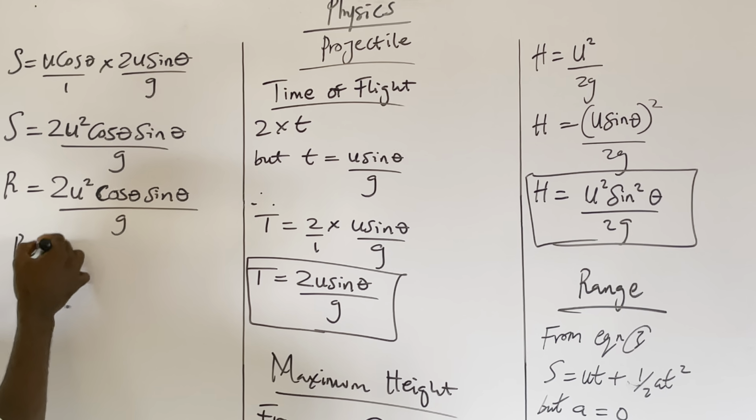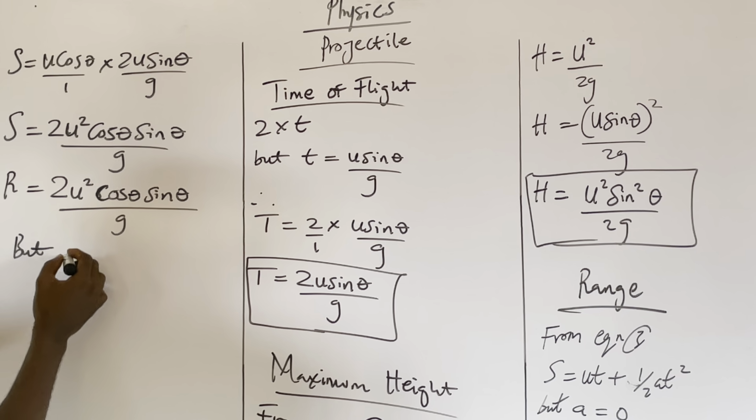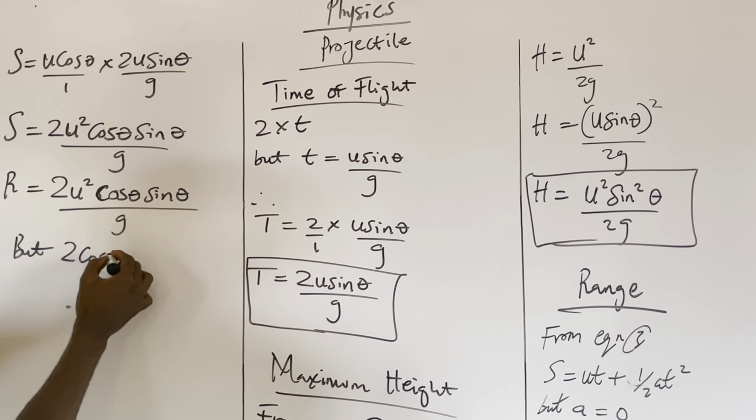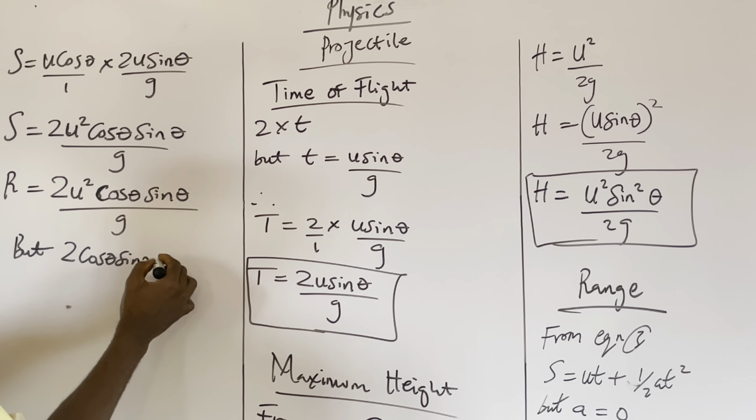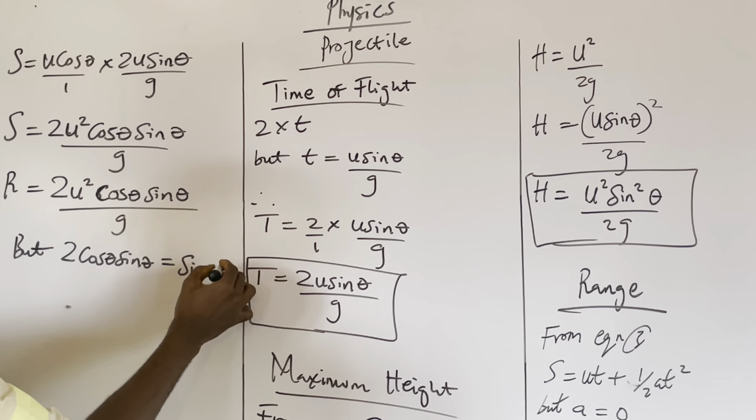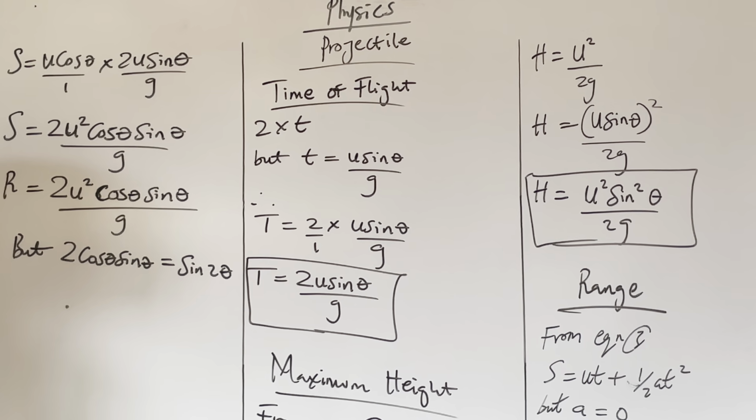But 2 cos theta sin theta is equal to sin 2 theta according to trigonometry. Trigonometric ratio. So what do we do here?